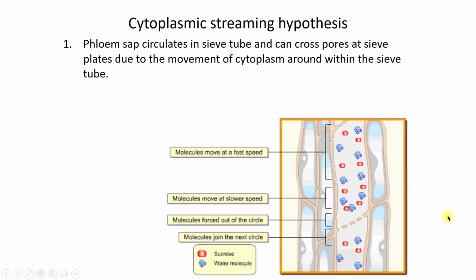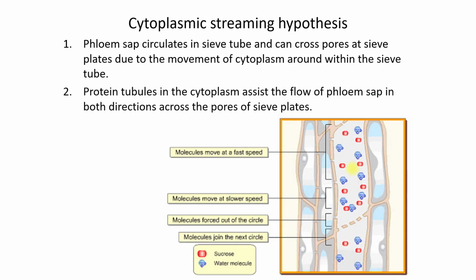You can see here, this is the phloem sap, which consists of the sucrose and the water. It circulates in the sieve tube and can cross the pores at the sieve plates due to movement of cytoplasm around within the sieve tube.